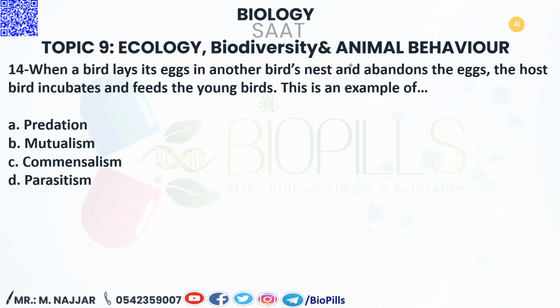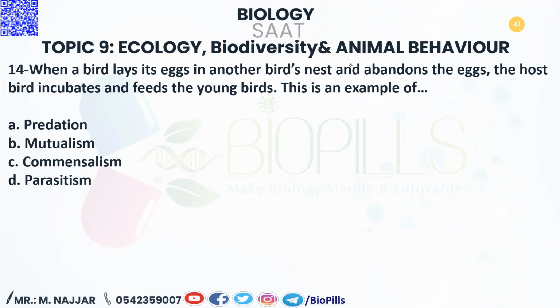Question number 14. When a bird lays its eggs in another bird's nest and abandons the eggs, the host bird incubates and feeds the young birds. This is an example of A, predation, B, mutualism, C, commensalism, D, parasitism.